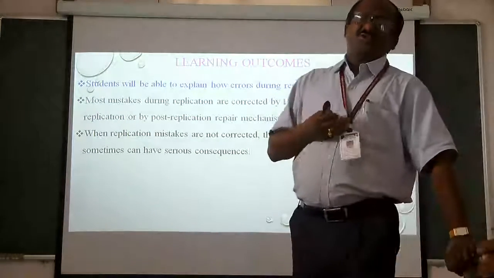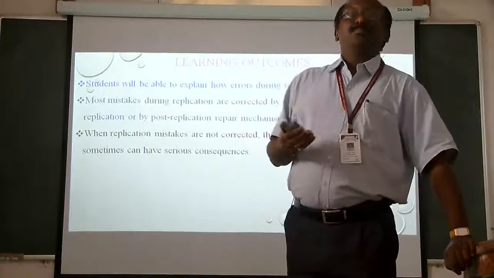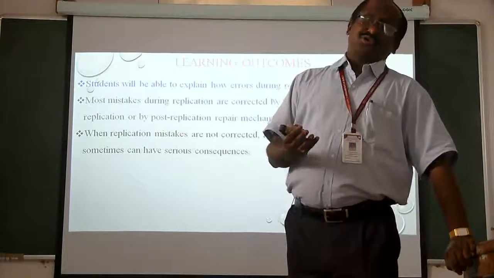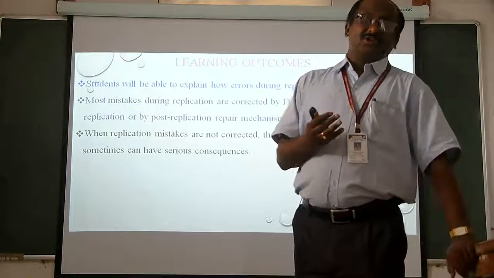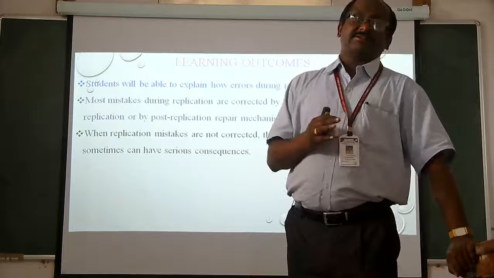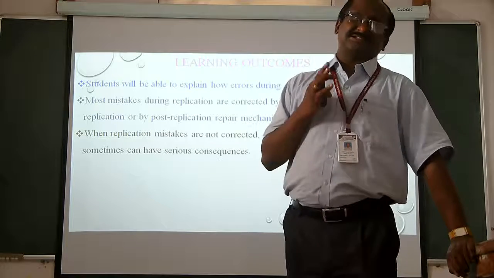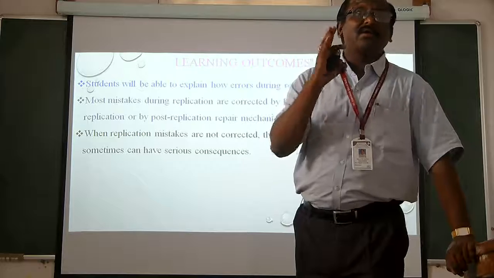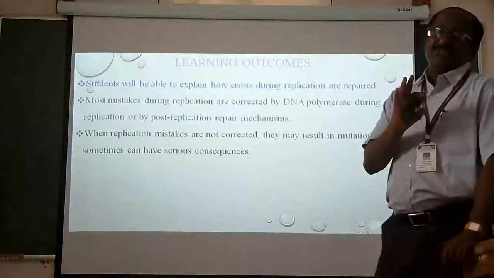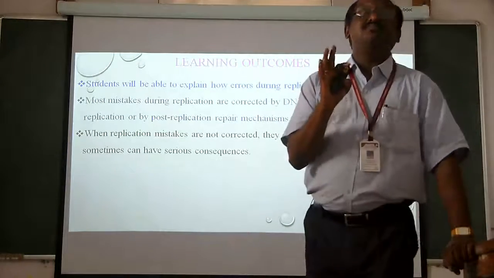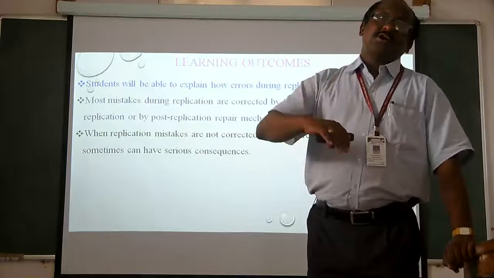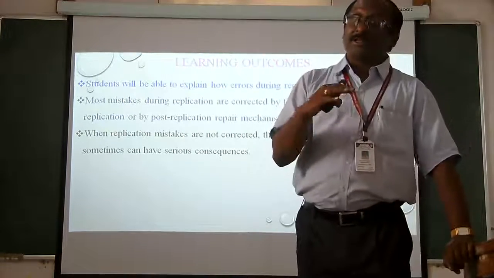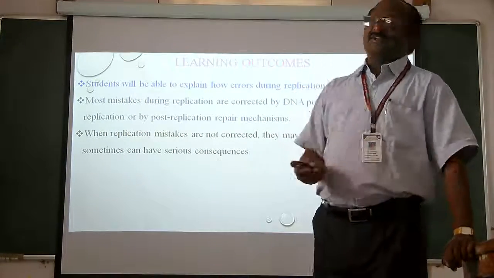If during the process of replication, before or post-replication, the DNA recognizes that there is a mismatch in the sequence of DNA, the DNA is repaired again. And if the errors remain the same, that will cause a mutation, which gives another characteristic property to the DNA.